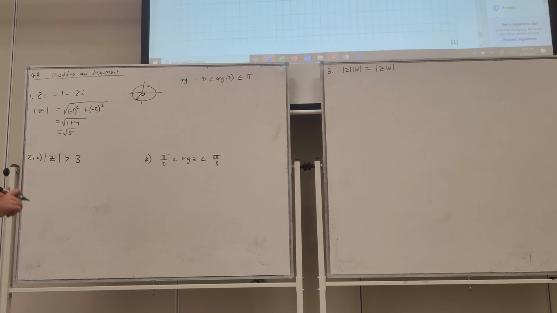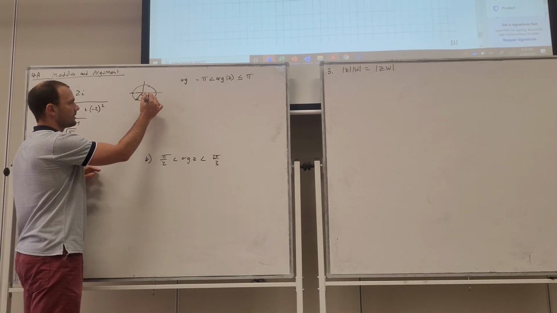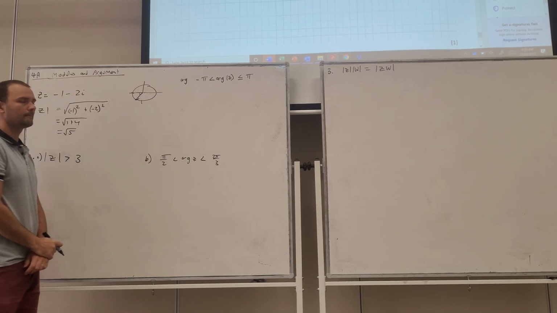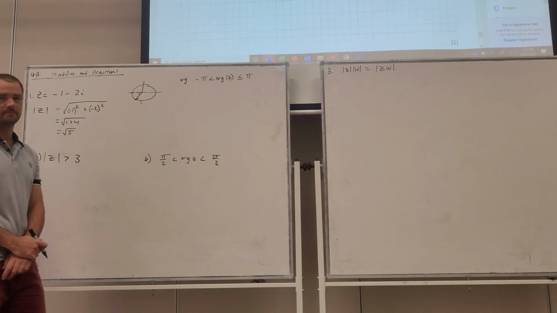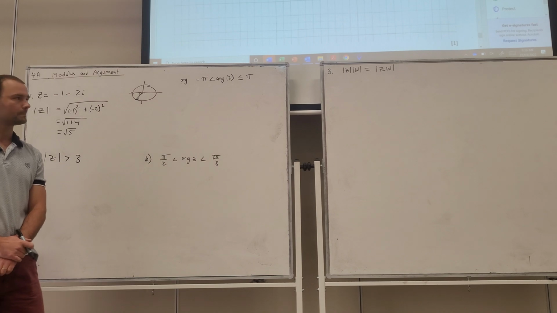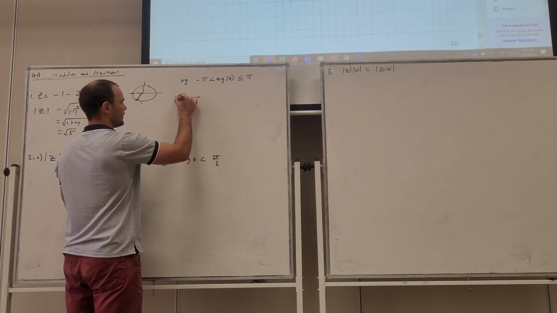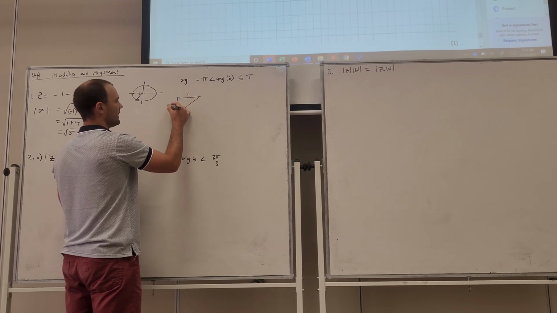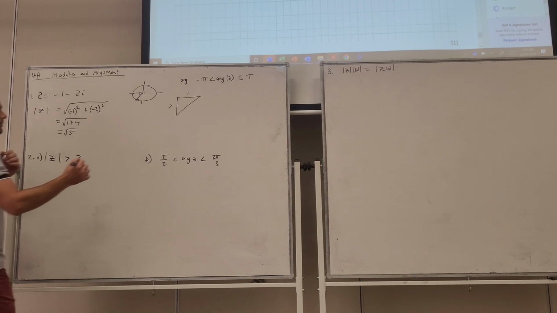So I think the easiest way for us to do that is to think about what is this angle here, to determine what this angle is here, and then to take it away from pi. So if we think about that angle, now I'm going to draw that triangle out. We have across 1 and down 2. That's for this angle.